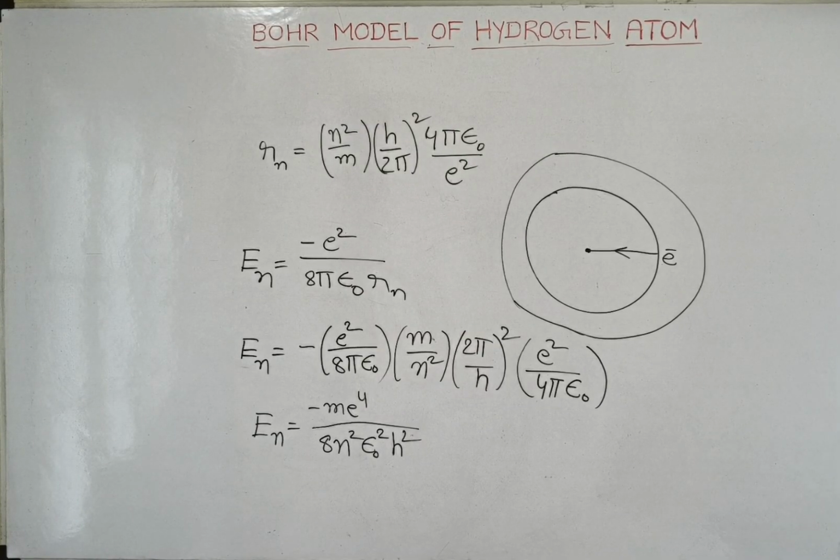So by substituting the values, the mass of the electron, charge of the electron, epsilon naught value, that means permittivity of free space, h value, Planck's constant, and the n value, if it is for the first orbit, we put it as 1.